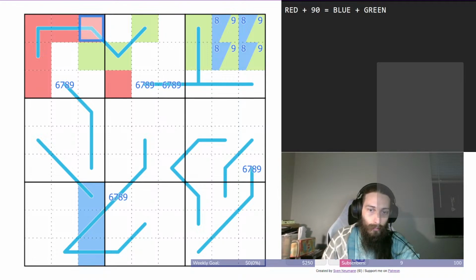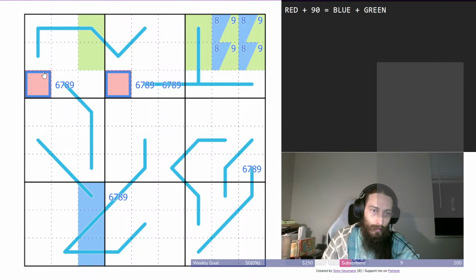Alright, if I add this to red and green, then I can take this out of red and that out of green. And so these two digits are 90 less than that group, and this is doubly counted.